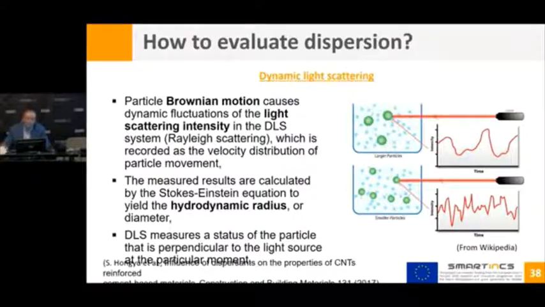This Brownian motion causes dynamic light fluctuation, and this can be checked by means of this instrument, the DLS. So it's possible to evaluate the dispersion with it, but also the diameter of the particles. And of course, the smaller the diameter of the particles in your solution, the better the dispersion.